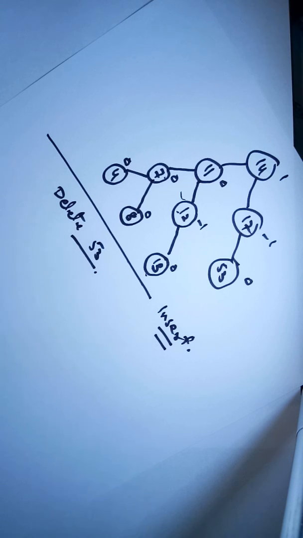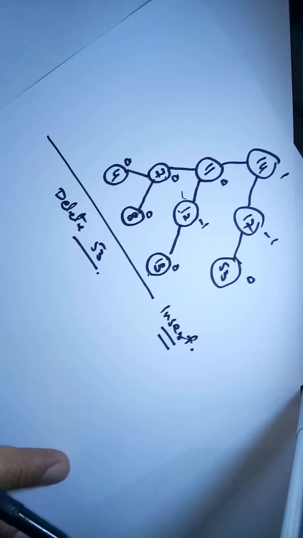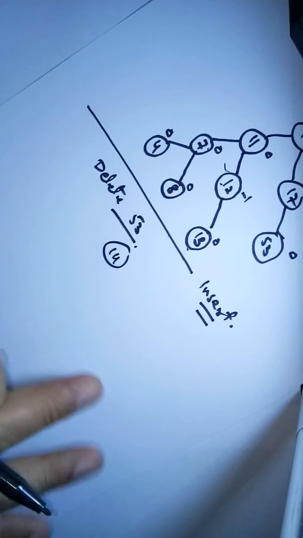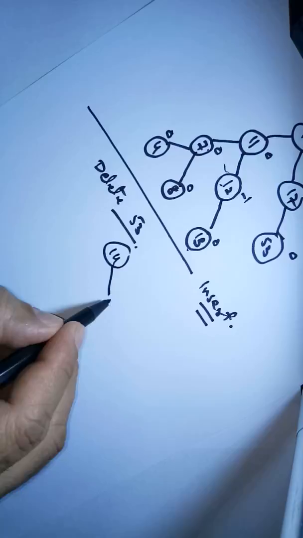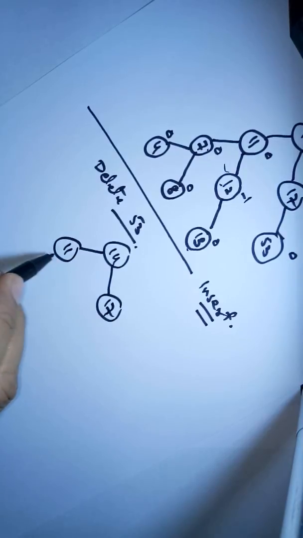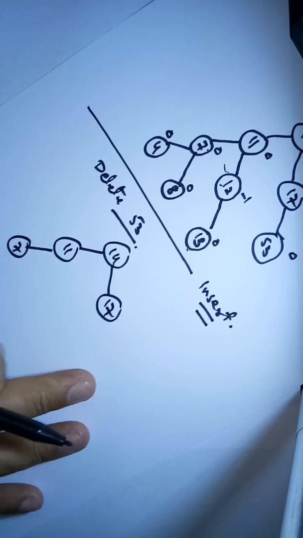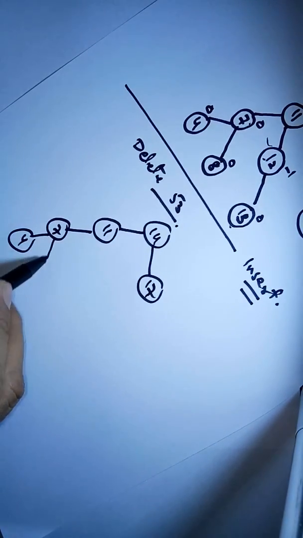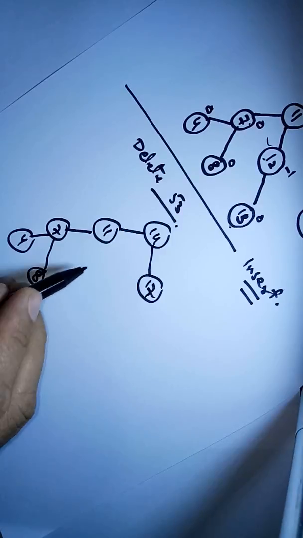So let's delete 53. 53 is a leaf node, so it will simply be deleted. So 14 is there, 17 is there, so 53 is deleted. 11 is there, 7 is there, 4, and this is 8.